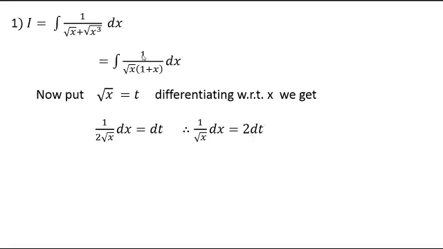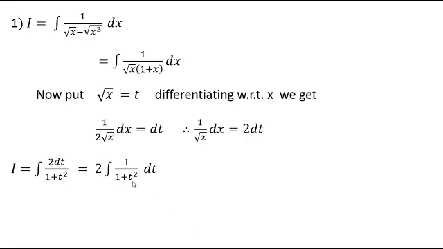So this 1 upon root x dx will give us 2 dt, and we will convert this 1 plus x in the form of t. Now root x is equal to t, so x is equal to t square. So with this substitution, our integral becomes 2 dt upon 1 plus t square.